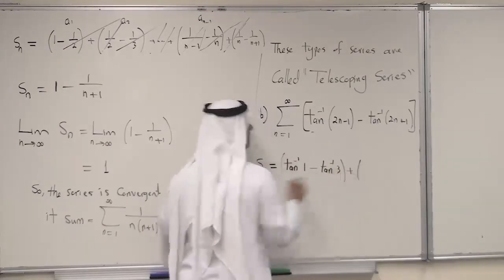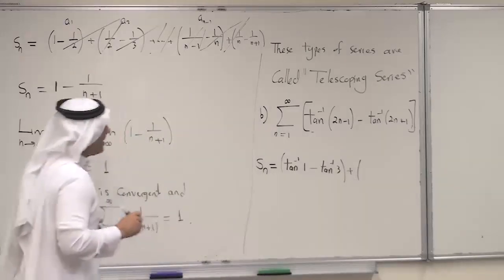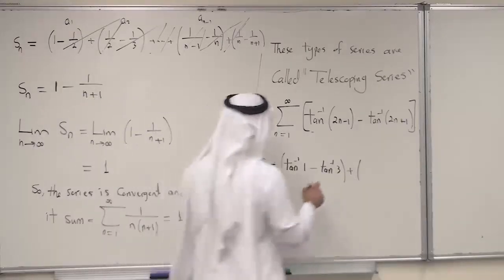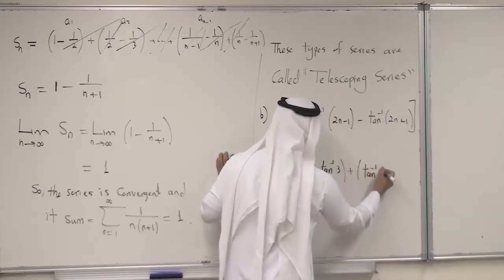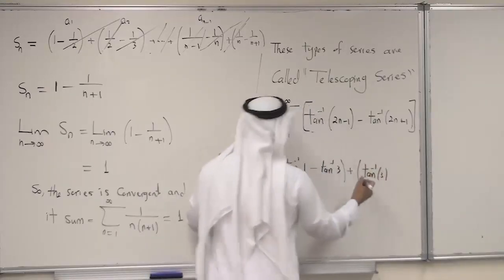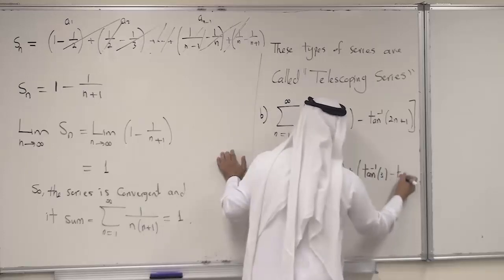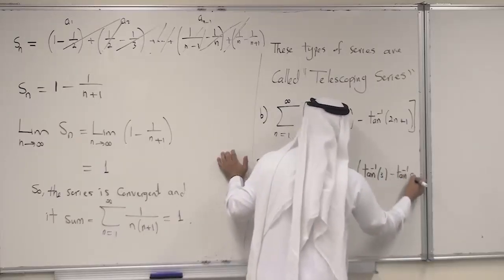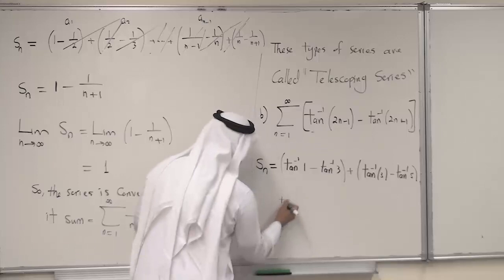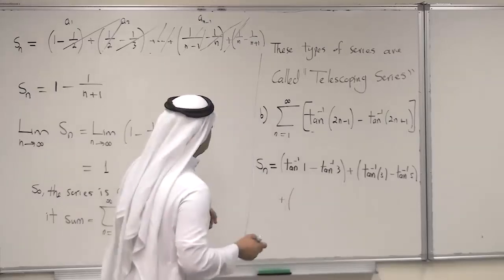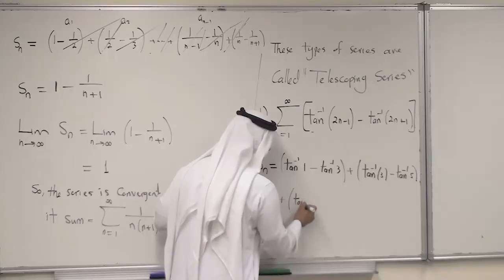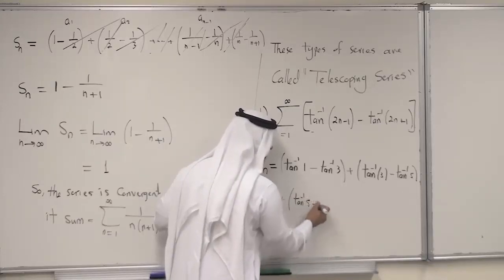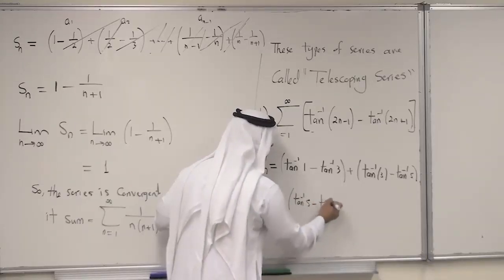Plus the second element, n equal to 2, which gives tangent inverse of 3 minus tangent inverse of 5. Plus, let us add more terms: if n equal to 3, this will be tangent inverse of 5 minus tangent inverse of 7.